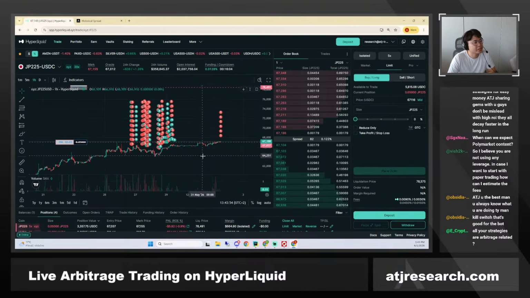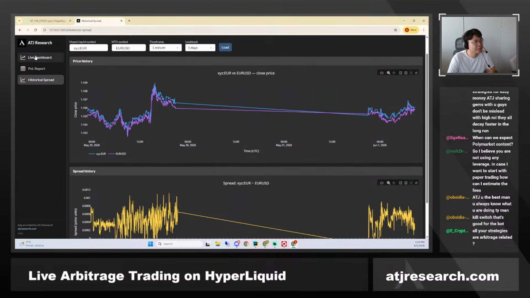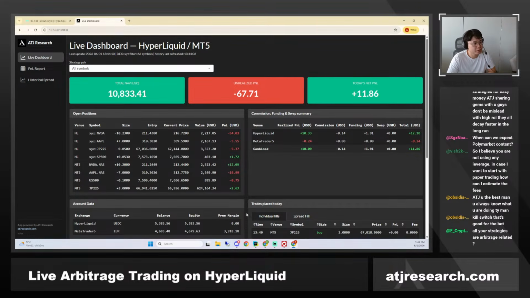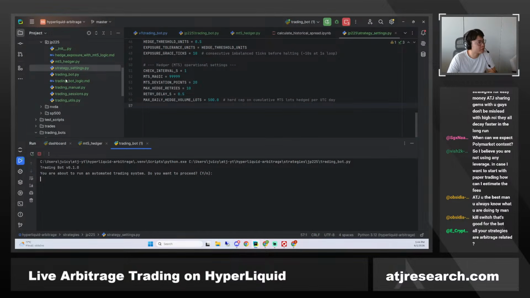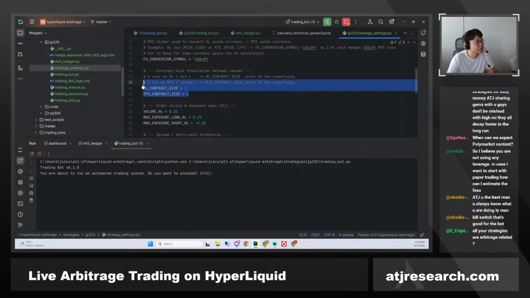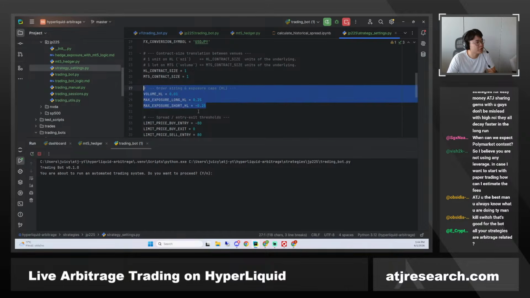I can buy at this level and I can sell at this level, for example. So a lot of the strategies that you're seeing right now is just me sort of winging it, just doing whatever, and that's also fine, right? Because the best way to actually understand the strategy is by thinking, right? By thinking what to do yourself. So you have to think about in strategy settings what symbols you have to add, right? You have to think about the contract sizes, how much volume you want to add.